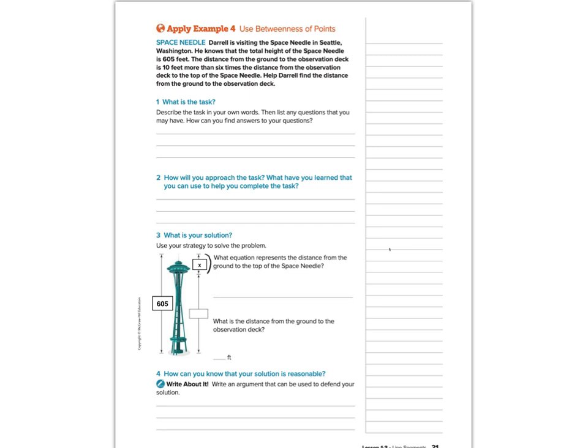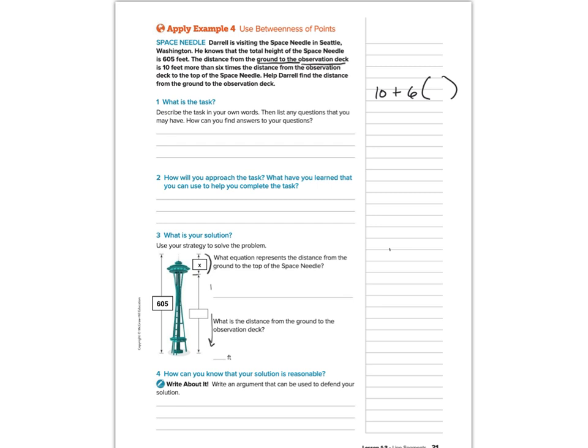But then they said the distance from the ground to the observation deck is 10 more, so 10 plus 6 times the distance from the observation deck to the top. So that is the unknown value.